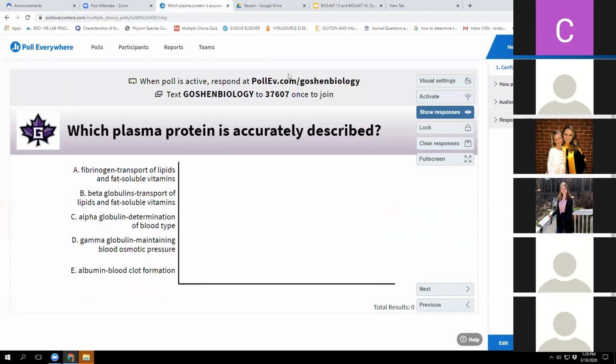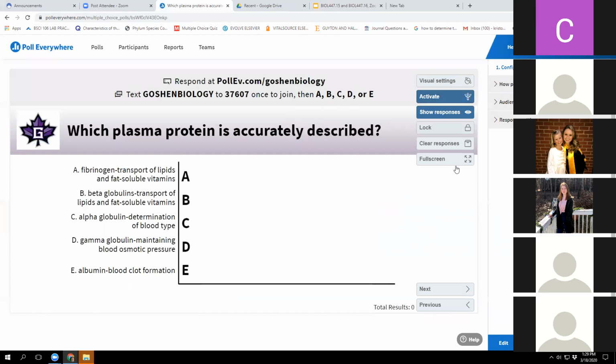Okay, let's do a couple of random questions here. These are from the blood time. So let's do some of these for those of you who are still around. Which plasma protein is accurately described?